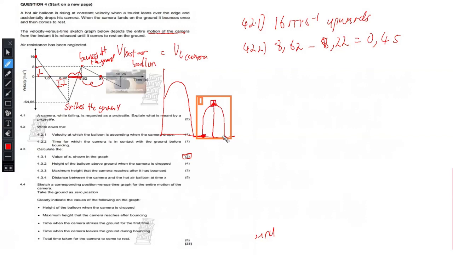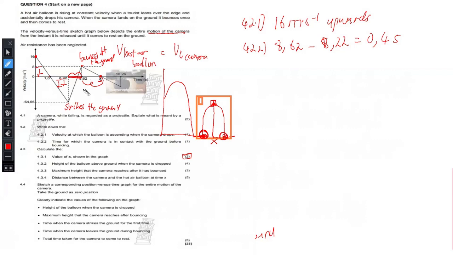We are given the time in which it leaves the ground, and the time in which it comes back again to the ground, whereby it comes to rest. So if we use the fact that this is symmetrical, we can find point X by calculating the midpoint of these 2 points.